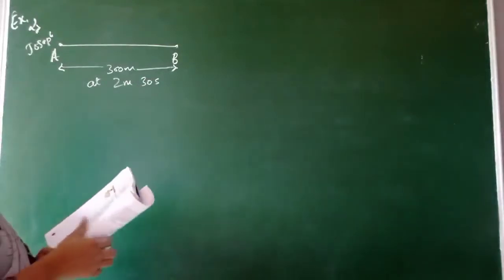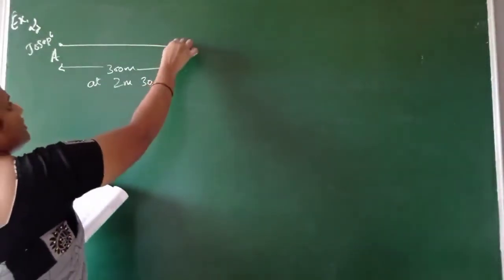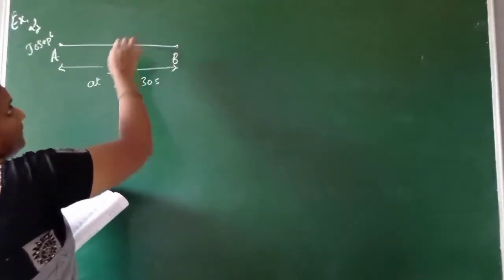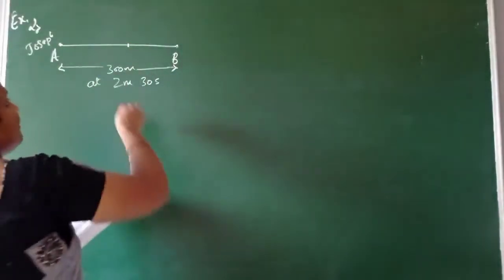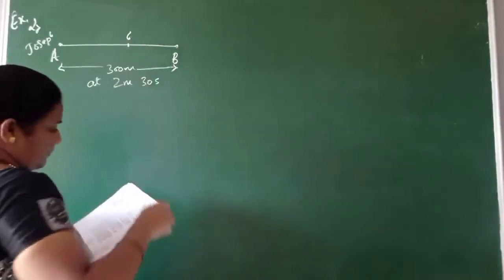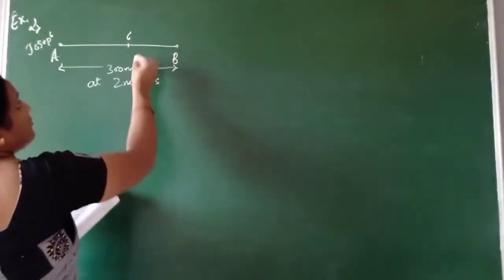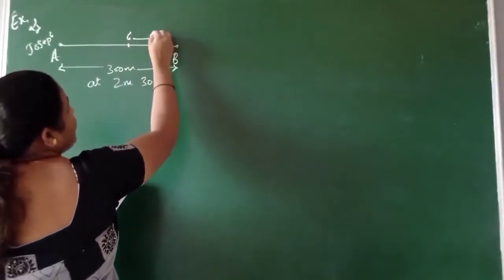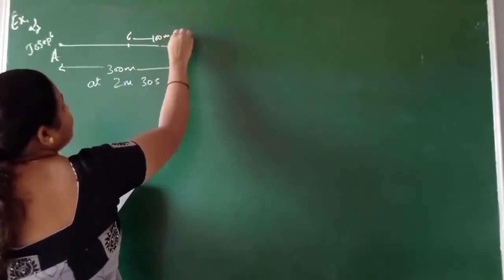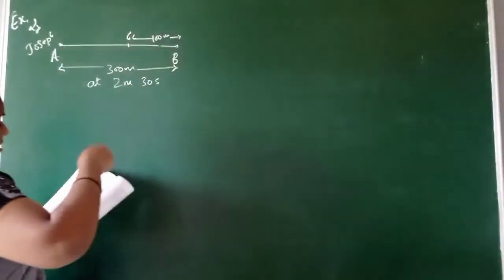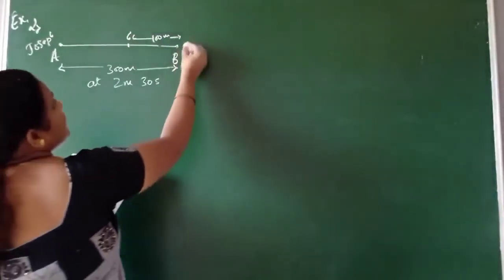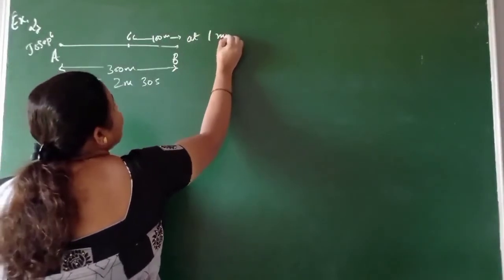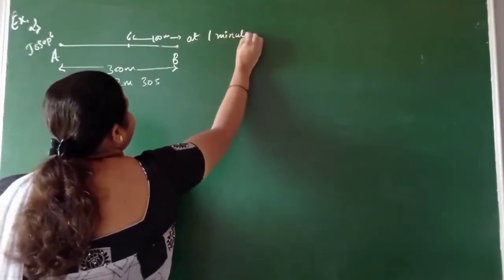And then he turns around and jogs. Returns means he moves back. At this point, let us name it C, which is 100 meter. This is the 100 meter distance he'll cover. In how much time? In another 1 more minute he will take.